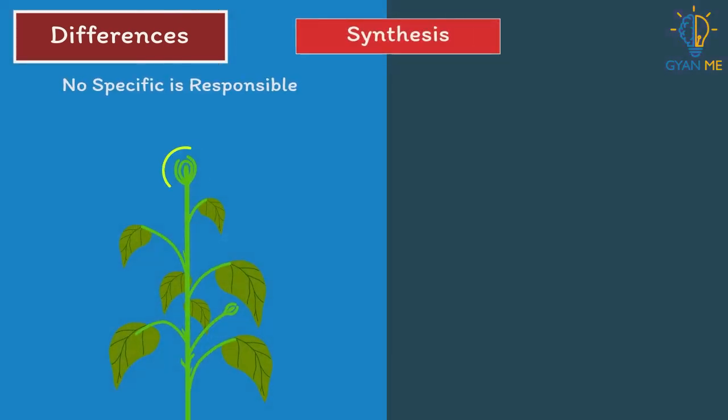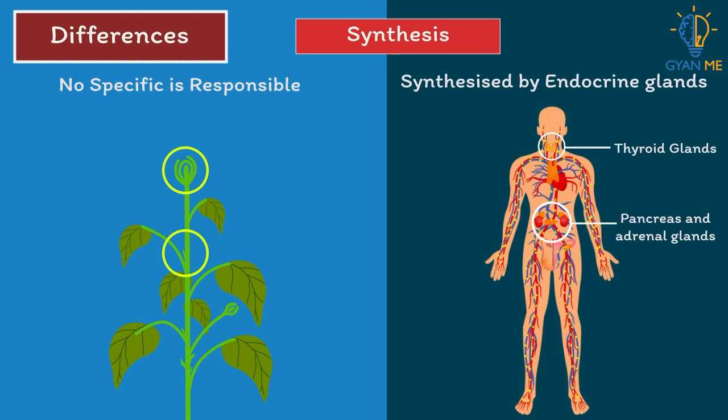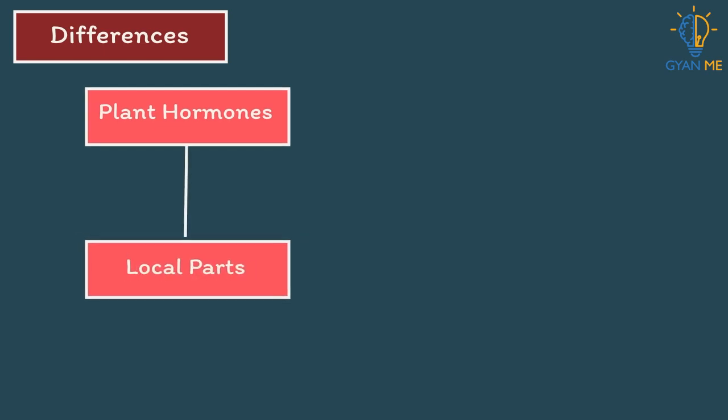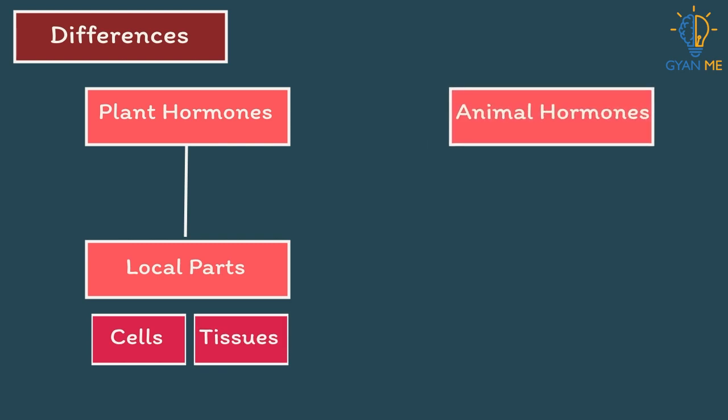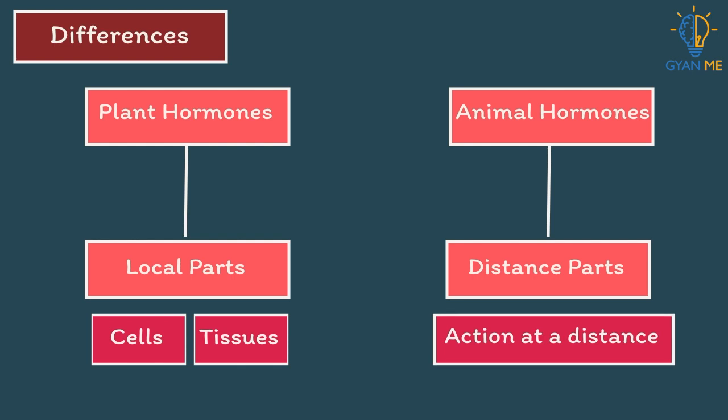In plants, no specific part or organ is responsible for synthesis of hormones, while in animals, hormones are synthesized by endocrine glands. Plant hormones mainly target local parts, that is, nearby cells or tissues, while animal hormones target distant parts, that is, action at a distance. So students, let's quickly recall what we have learned.